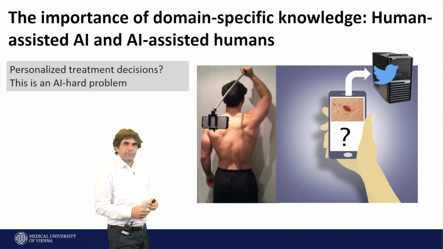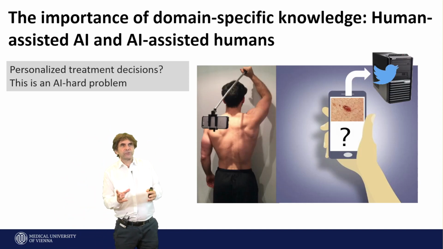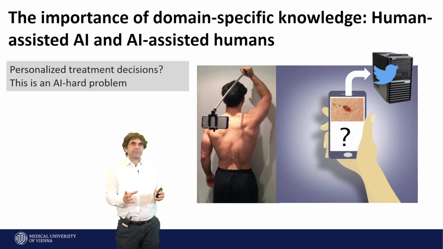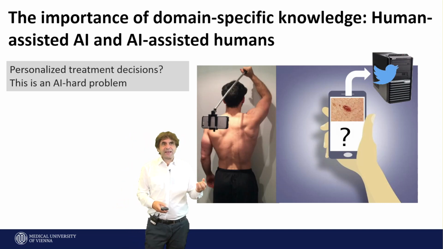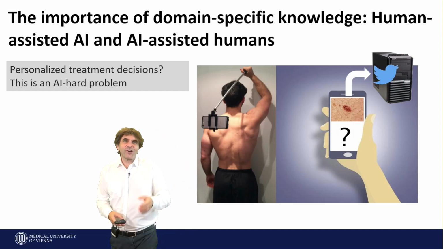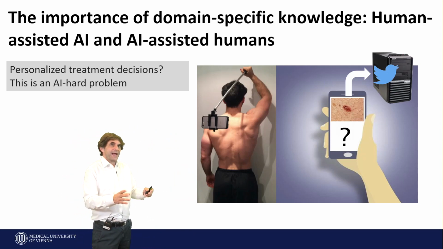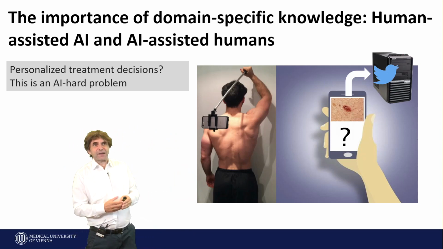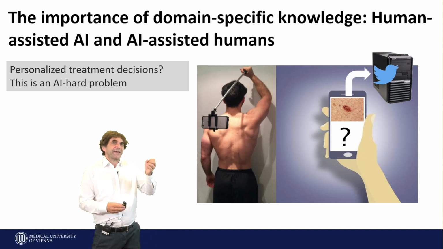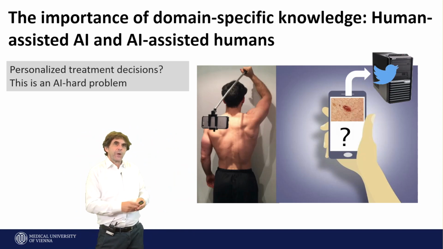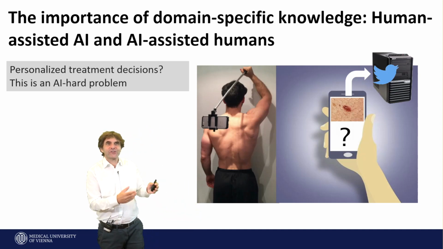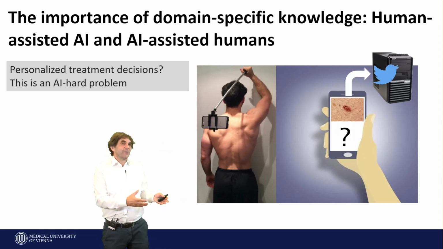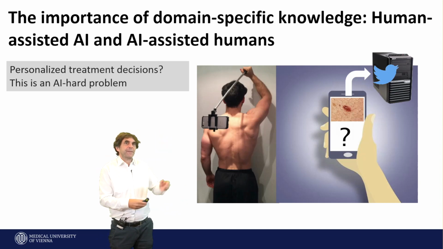Now, there is another issue with regard to the importance of domain-specific knowledge, and this is personalized treatment decisions. Personalized treatment decisions are, for me at least, AI hard problems. They are much harder than just multi-class probability, and you cannot expect that your model, no matter if it won a Kaggle competition or not, will work as a standalone device without a human interfering, without a human in the loop.